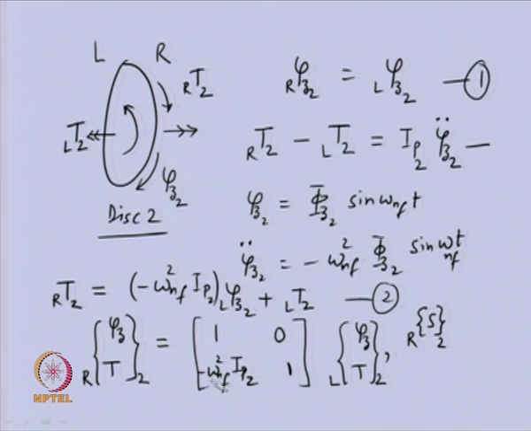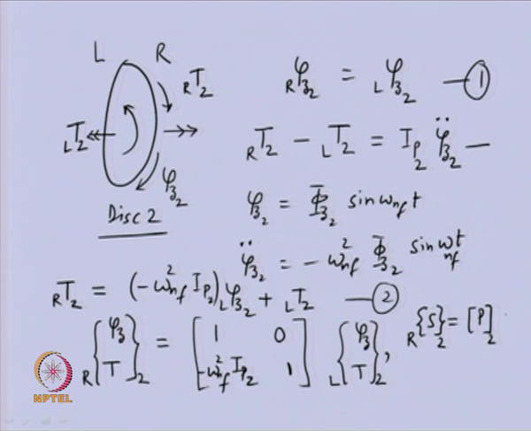This matrix I am calling a point matrix P corresponding to disc 2, because you can see the disc 2 polar mass moment of inertia appearing here. So, that subscript represents that this point matrix belongs to disk 2.